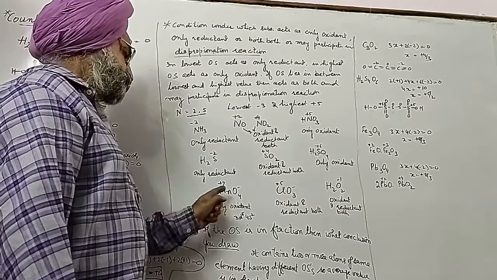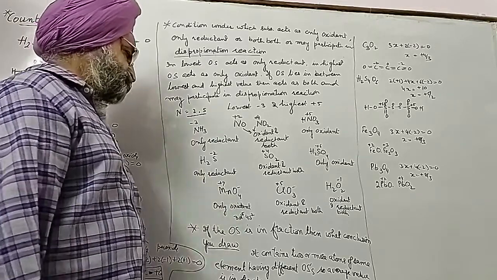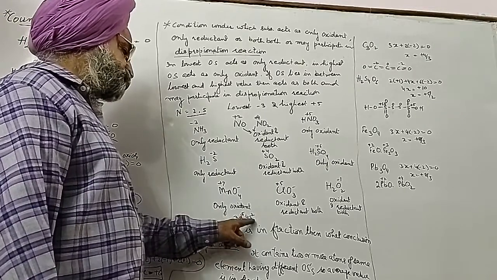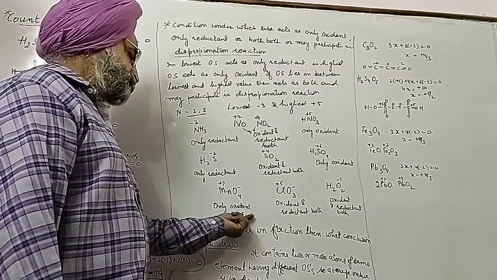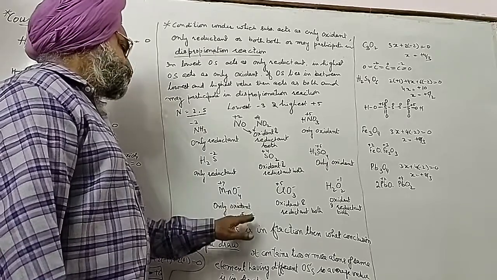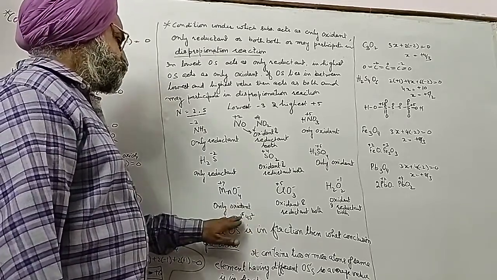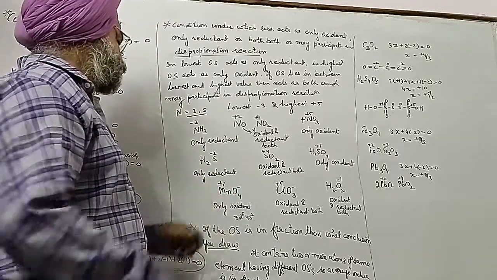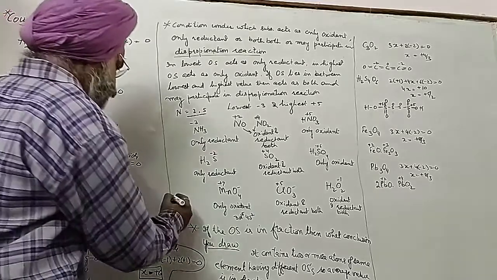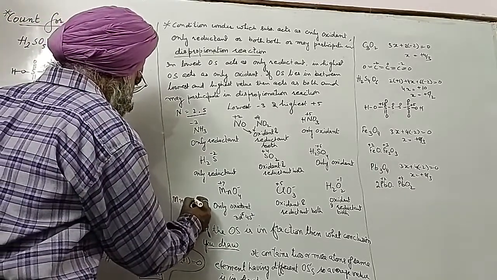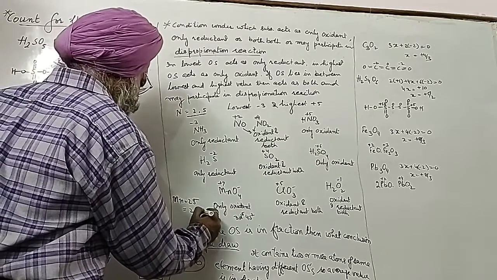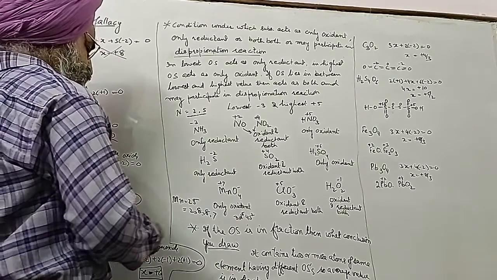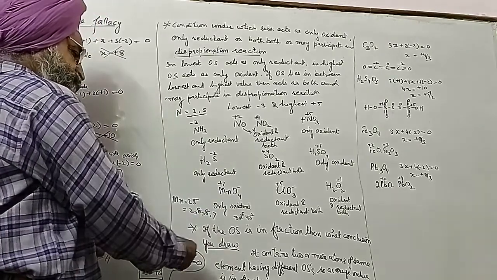MnO4, the oxidation state comes out to be +7. The outermost shell contains 7 electrons, meaning you can remove 7 electrons. That is the highest possible oxidation state for manganese, because 25 is 2, 8, 8 and 7. 10 plus 15, 25.